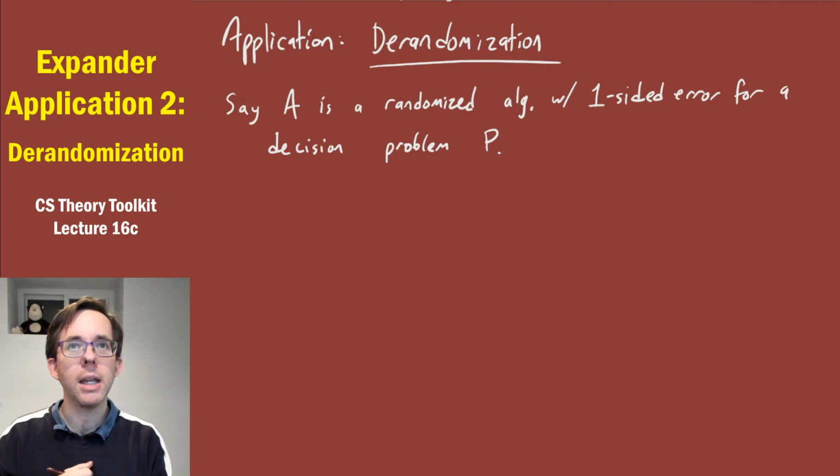But let me stick with it. One reason I chose the letter P is an excellent example is the decision problem primality. So imagine this randomized algorithm A is trying to decide if a given number is prime or not.